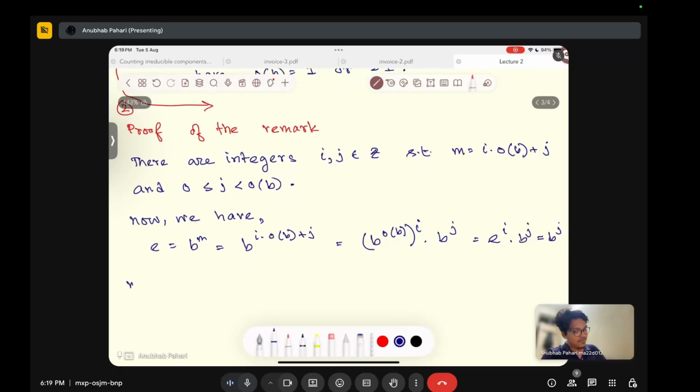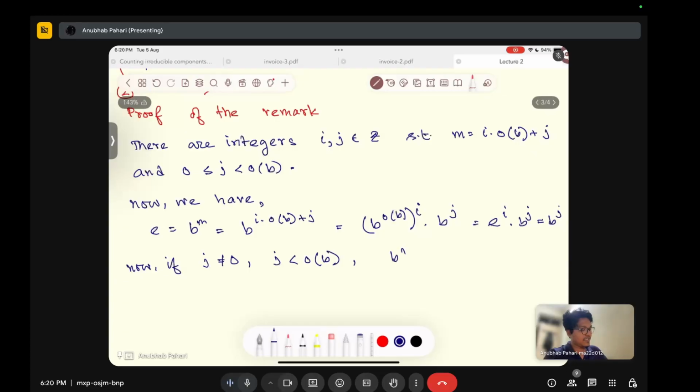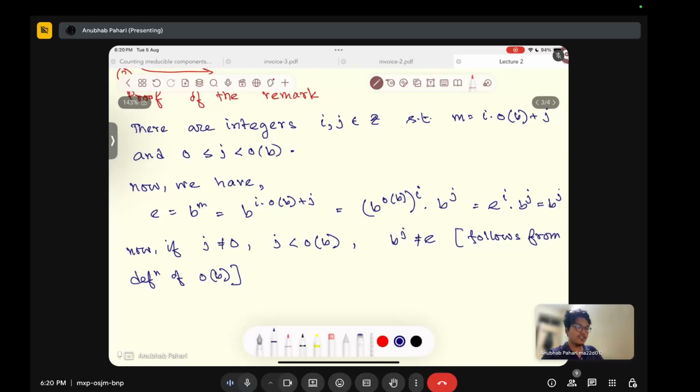So now if j not equals to 0, and given that j is less than order of b, this means that b to the power j not equals to e, right? This follows from the definition of order of b. Order of b means that ob is the least positive integer such that b to the power ob equals to e.